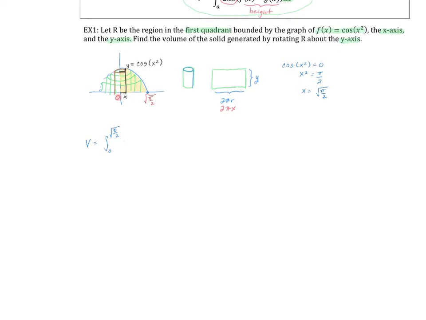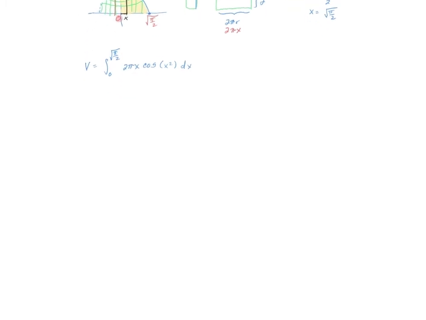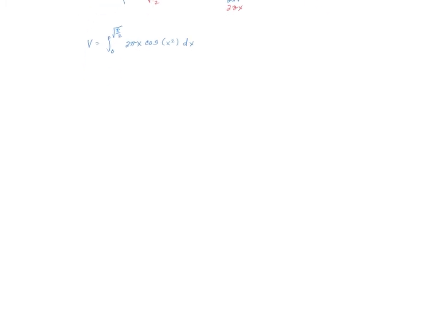Our shell is 2 pi x. And our height is cosine of x squared. We're integrating with respect to x. So we have a problem here because the argument on cosine is x squared, and I don't know how to integrate that.